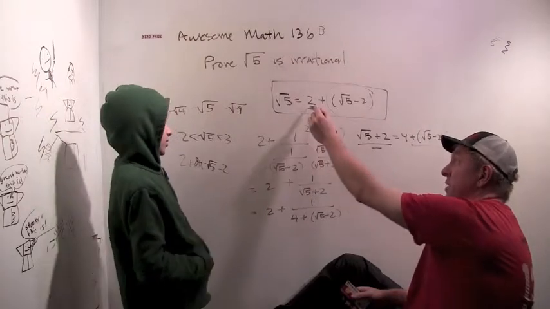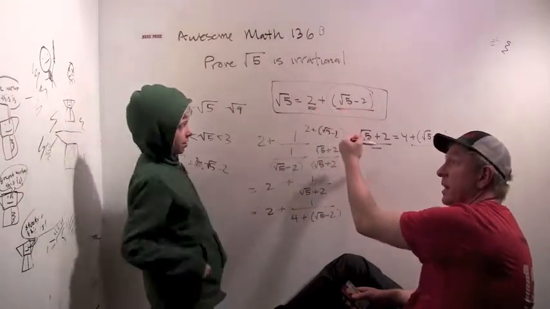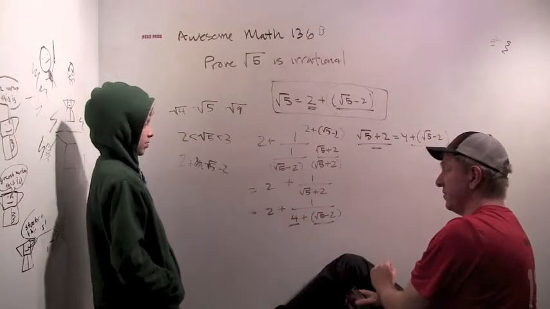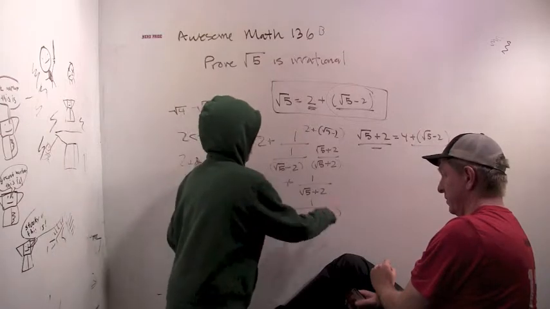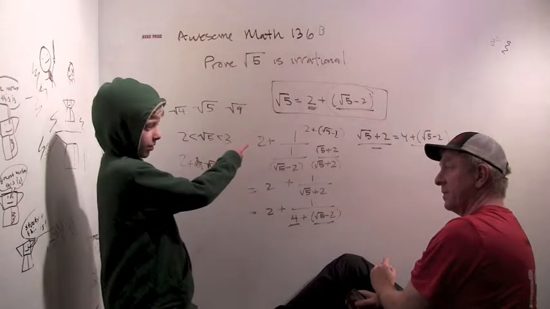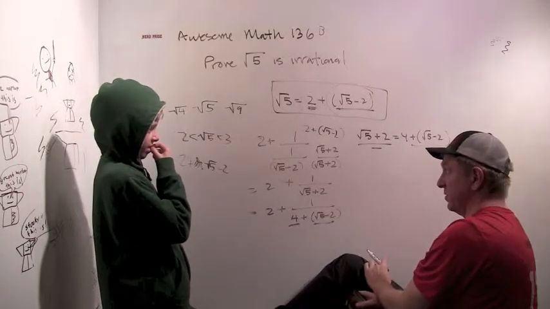Okay, so we split it into an integer part and a non-integer part, and we flipped the non-integer part. So here's our integer part. Here's our non-integer part. So what do we have to flip? Well, we flip the square root of 5 minus 2 again. But we've already flipped it. What happens when you flip, split, and rationalize square root of 5 minus 2?